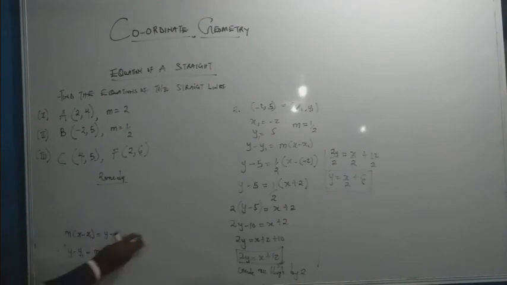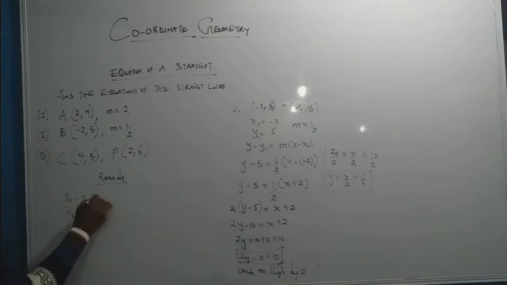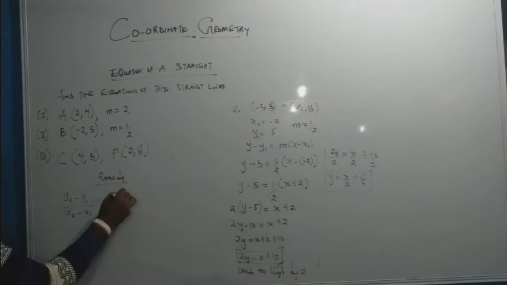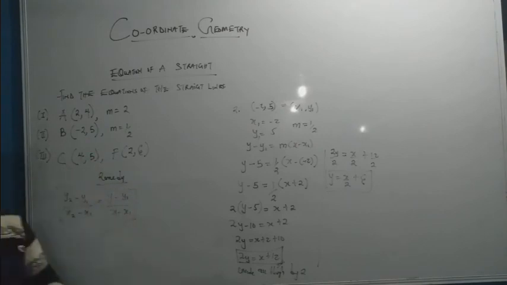The formula to use when you are given 2 points is y2 minus y1 over x2 minus x1 is equal to y minus y1 over x minus x1. So this is the formula to apply when you are given 2 points.